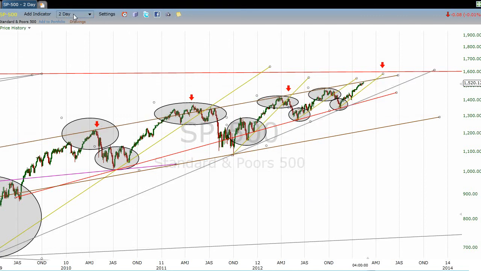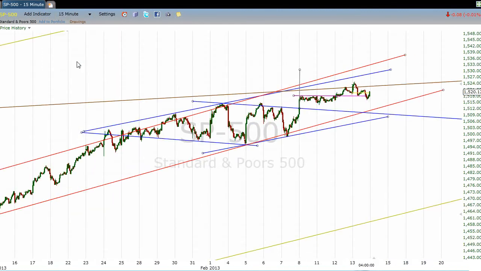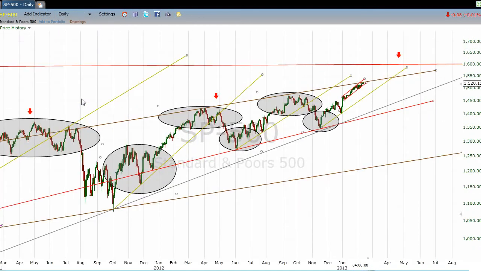So going forward, tomorrow, what we have to look at again is, is this brown line going to exert resistance on this market, or is the S&P going to have one of those spells, if you will, where it is able to create more buying pressure adequate to get up over this brown line, perhaps similar to what took place in 2011.